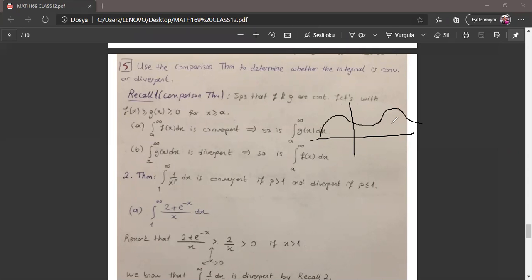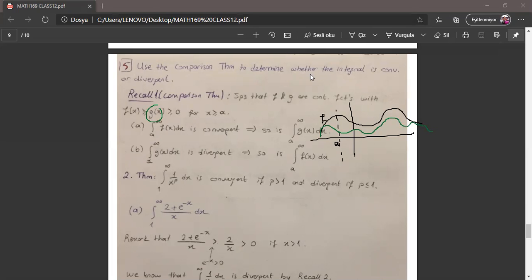So here we have, let's call it, a. This is f, and let's have g. So g should be either equal to f or less than f, something like this.